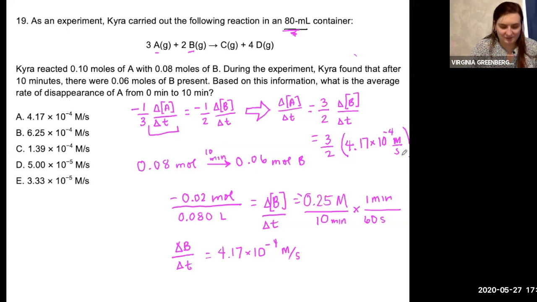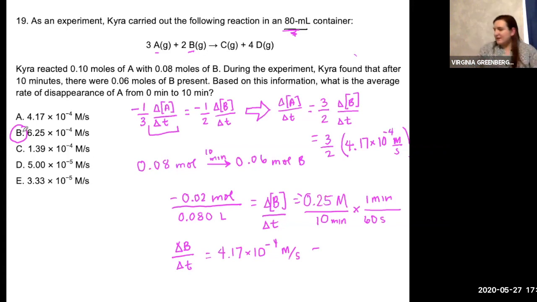Okay, 4.17. And we end up with a change for A equal to 6.25 times 10 to the negative fourth molar per second.